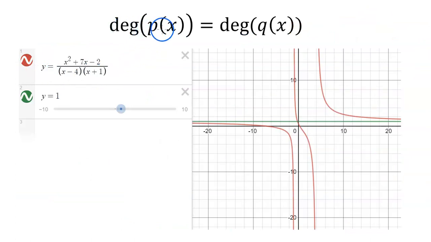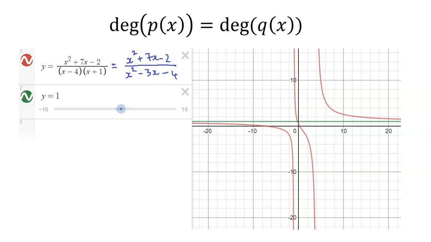And here's a quick example where the degree of p of x is equal to the degree of q of x. We got our p of x on top, x squared plus 7x minus 2. And then we got our q of x on the bottom, and if we expand that out, we get x squared minus 3x minus 4.